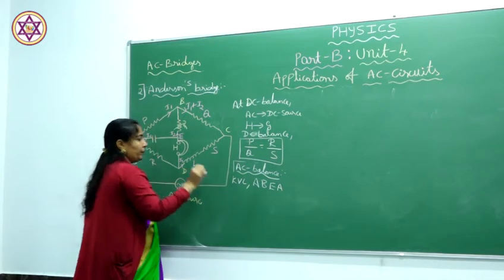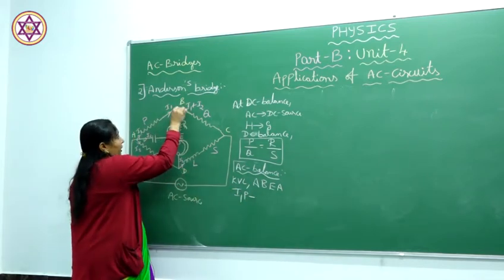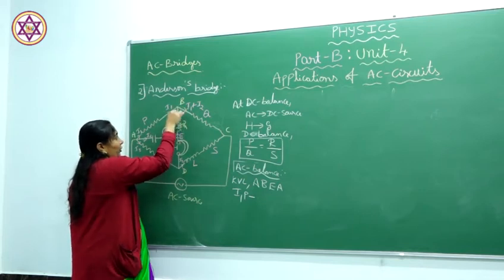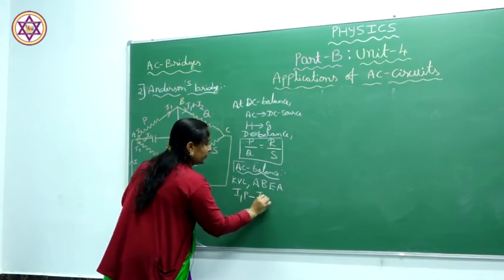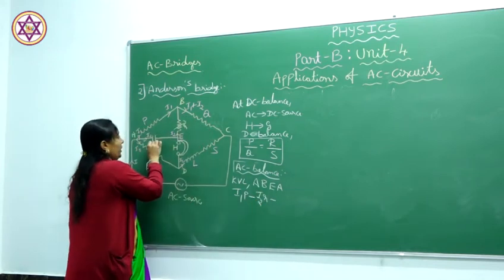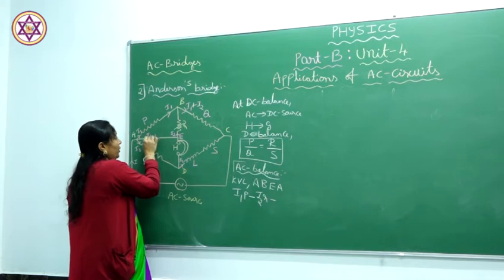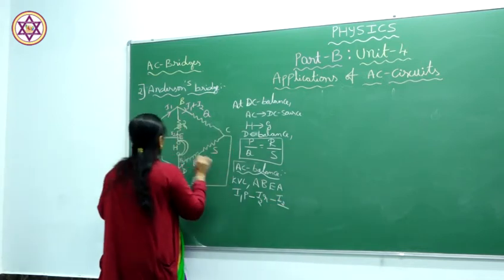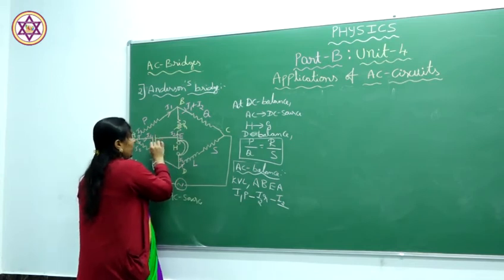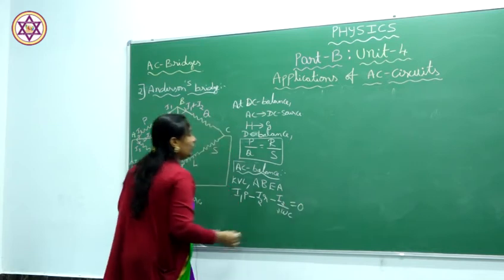I1 into P, minus, because it should be opposite, therefore minus I2 into R, again minus, because it should be in the negative direction, opposite, therefore negative I2 into the internal resistance of the capacitor, 1 by j omega C, should be equal to 0.